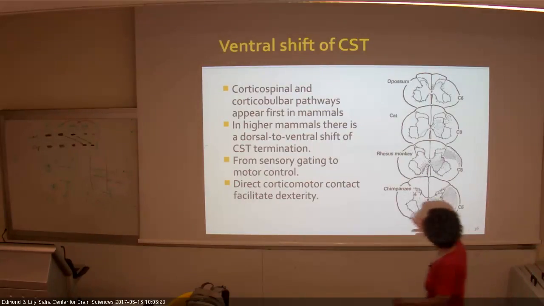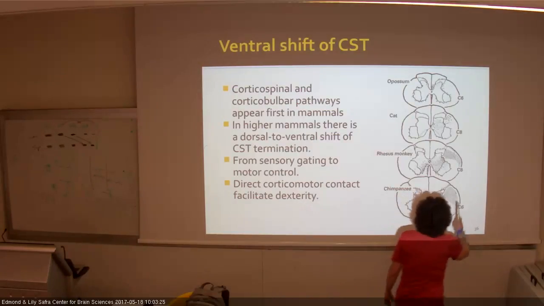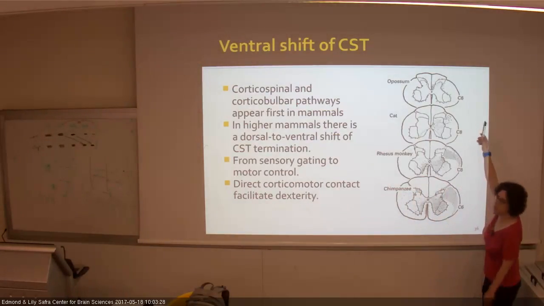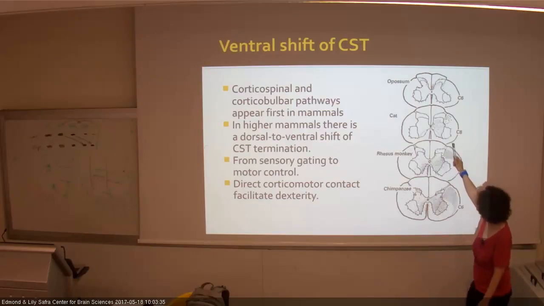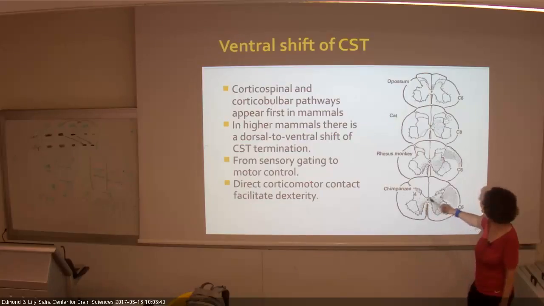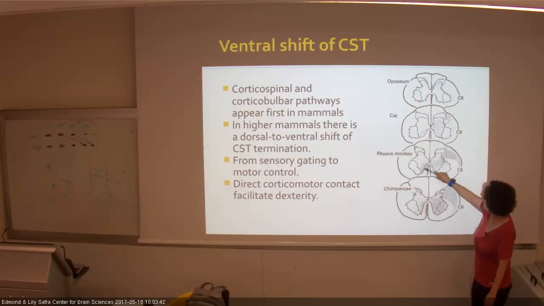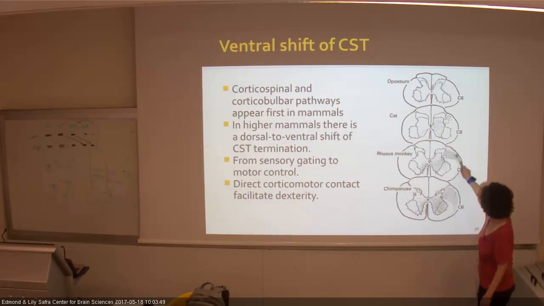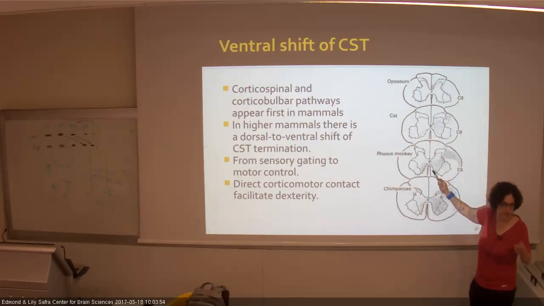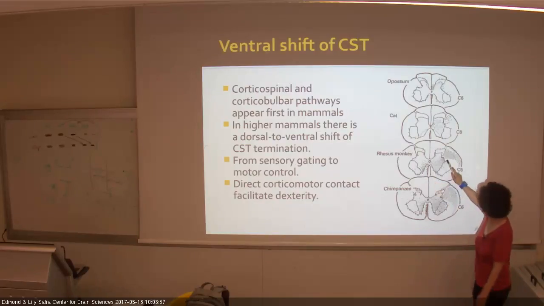What you see here is a section from cervical spinal cord in different animals located at different levels of the evolutionary tree: opossum, cat, rhesus monkey, non-human primate, and an ape. This is the gray matter, the butterfly. These are the number of fibers of the corticospinal tract, shown here in the white matter. And these are the terminations or the synapses that these fibers create.